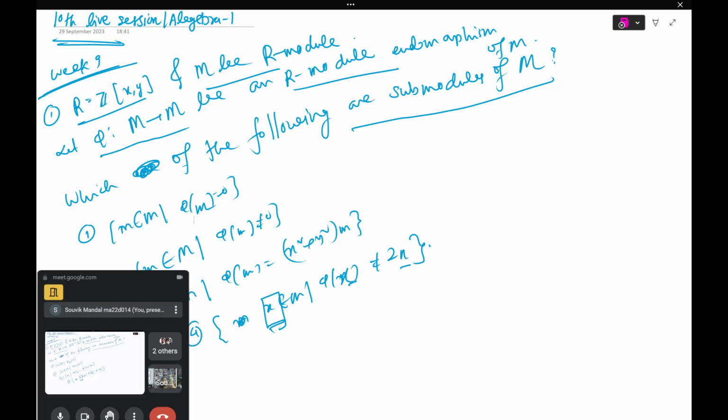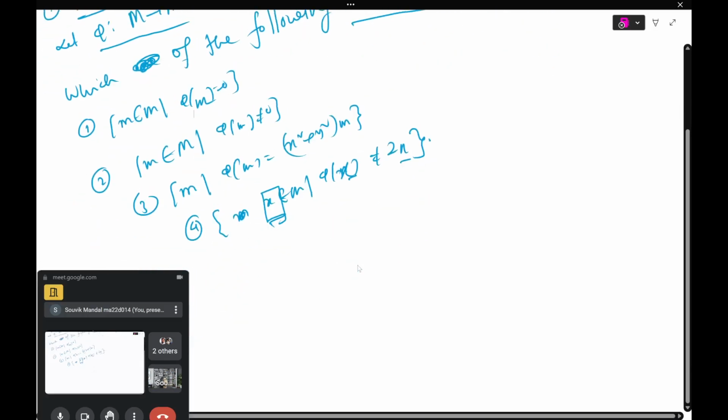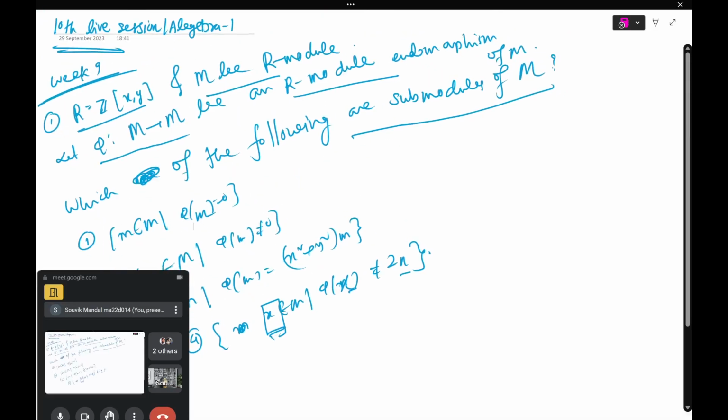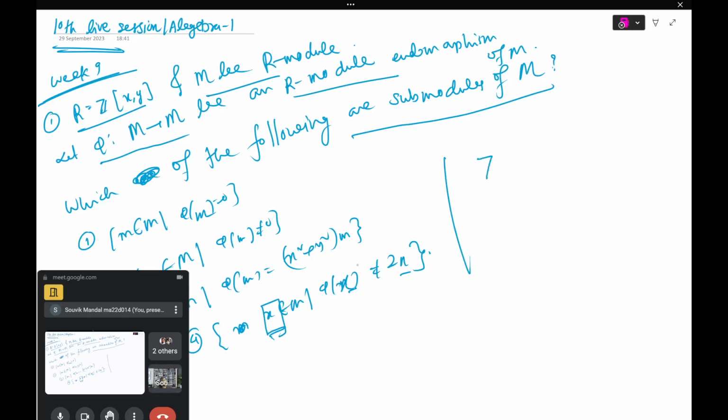Sir, what is the form of the element of R? It is the polynomial ring Z[x,y]. So basically any element of Z[x,y] looks like the summation of a_ij x to the power i y to the power j. It's a polynomial expression in both x and y.